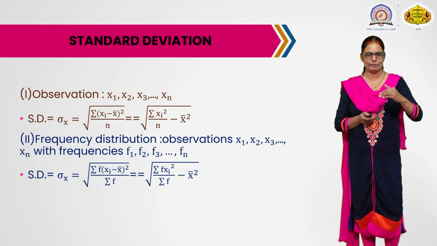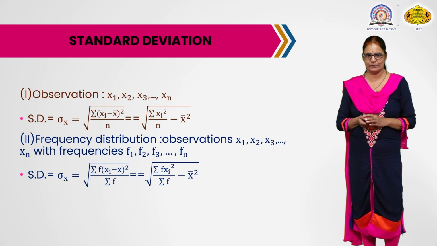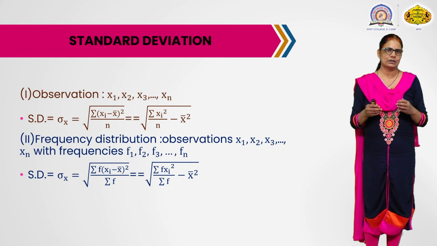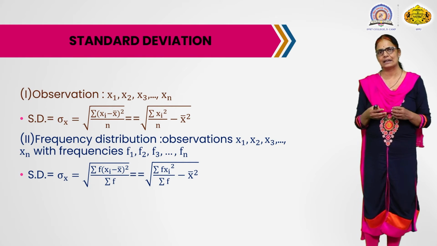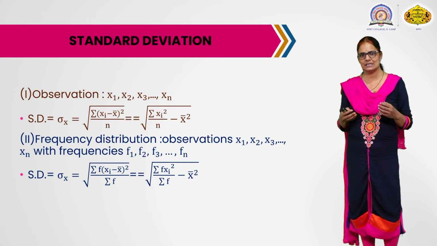So remember both formulae in the case of discrete data or frequency distribution. We know that commonly we represent statistical data in three forms. First, just the observations with one frequency.